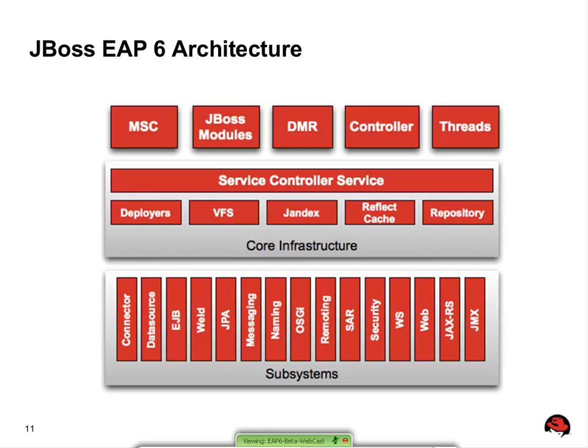It allows us to do some pretty neat things like understanding when we can do class loading in parallel, so we can shorten deployment times and startup times because of the parallel state machine we use.